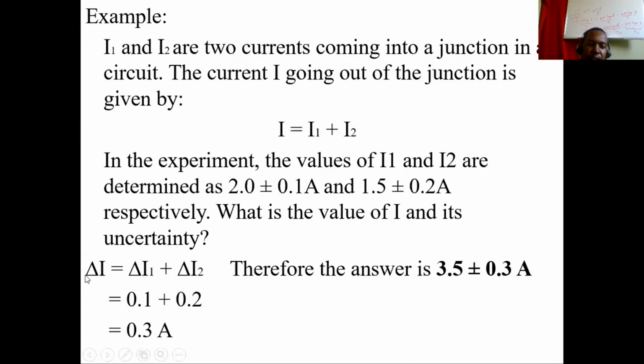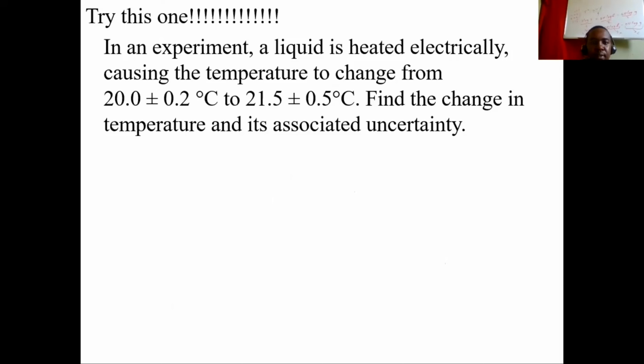So the uncertainty in I will be equal to the uncertainty in I1, which is 0.1, plus the uncertainty in I2, which is 0.2. So we get a total uncertainty of 0.3 amps. Therefore, your final answer is that I is equal to 3.5 plus or minus 0.3 amps, right?